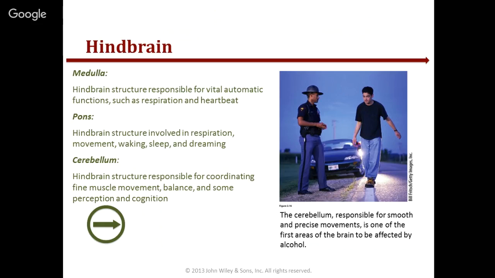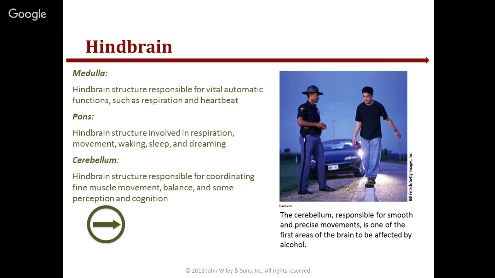Now, I didn't test you specifically on getting completely in depth with the terminologies of each part of your brain, but let's just look at it. You have the medulla. It's a part of your hindbrain. All three of these are part of the hindbrain.